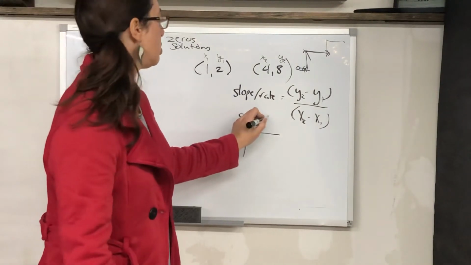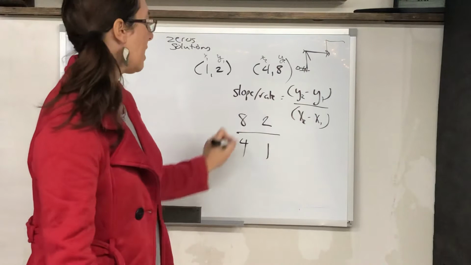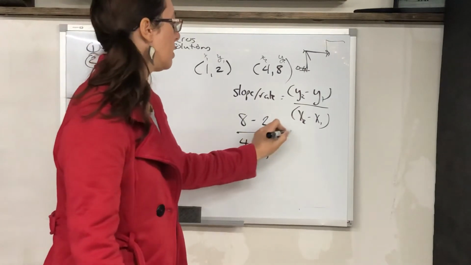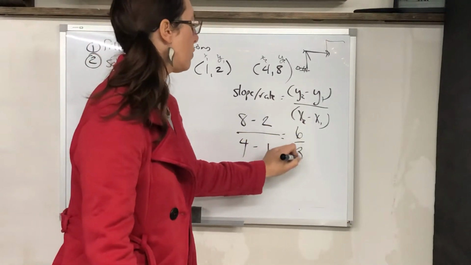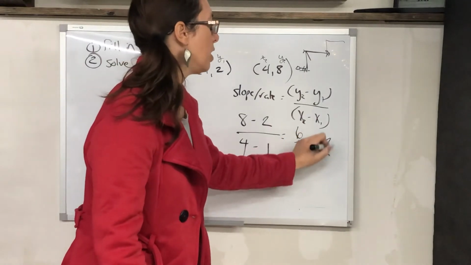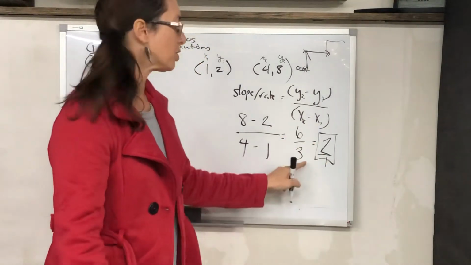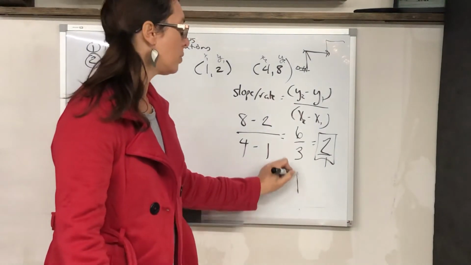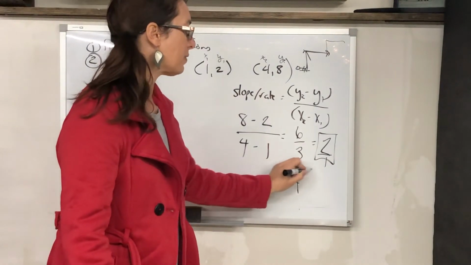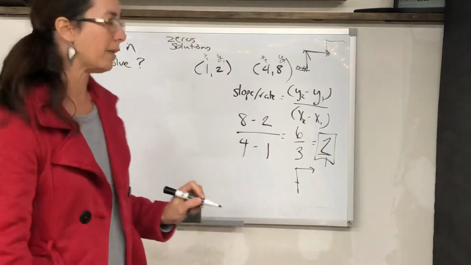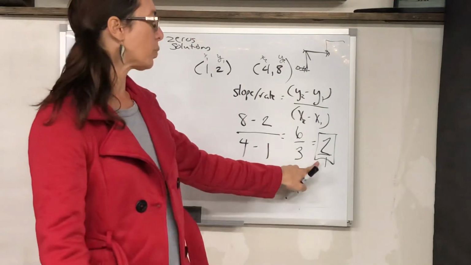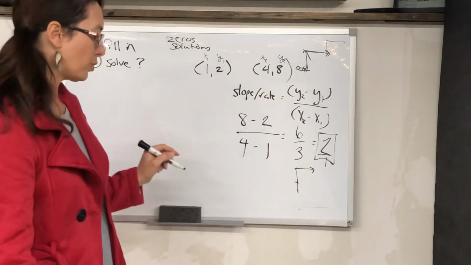And then I've got 2 for my Y and a 1 for my X, and they are subtracted. So I have 6 over 3. My slope is 2, or 2 over 1. So I'm going to rise 2. I'm going to go up 2 points every time I go over 1. Okay? So it's twice as steep as a regular direct proportion.